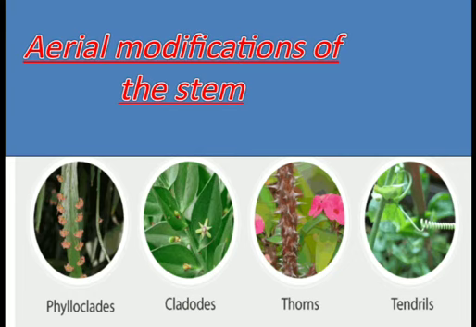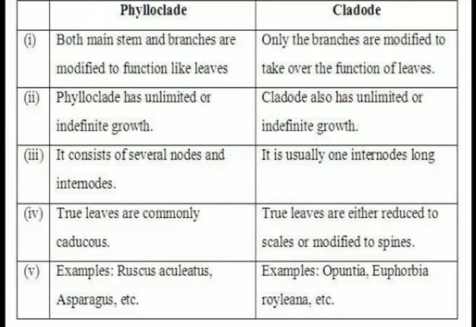Then we have aerial modifications of the stem. As I discussed with you, they consist of various kinds of thorns, creepers, tendrils, and of course the cladodes and the phylloclades. Let us discuss it like this. What is the phylloclade and what is the cladode?